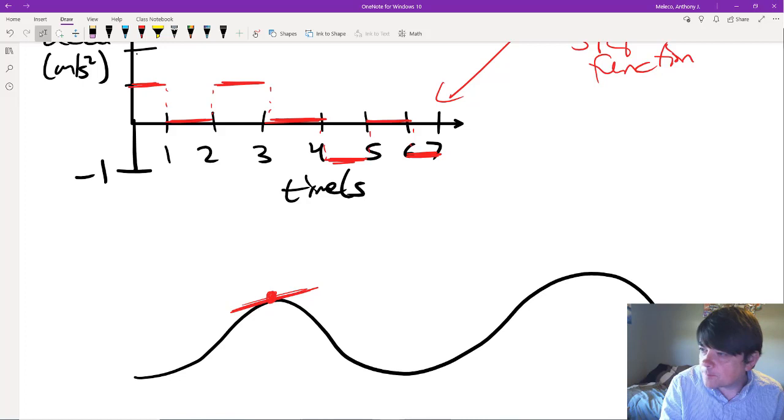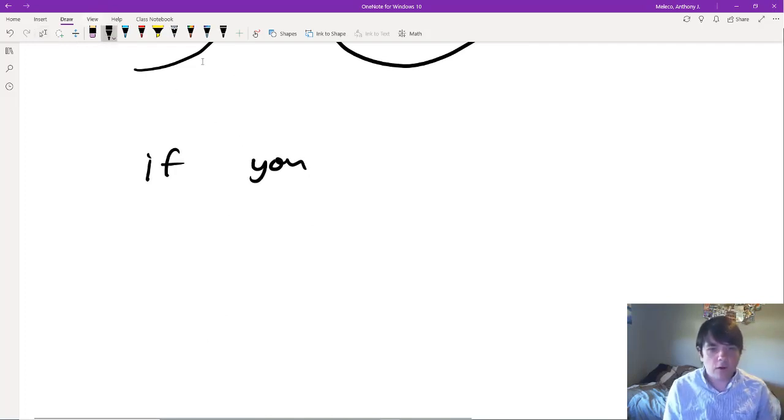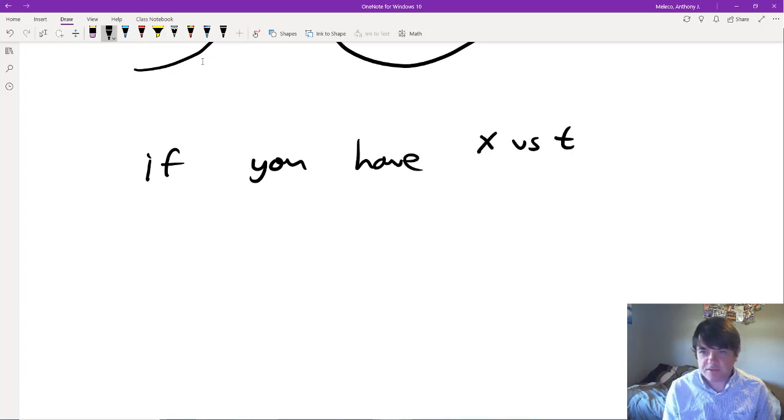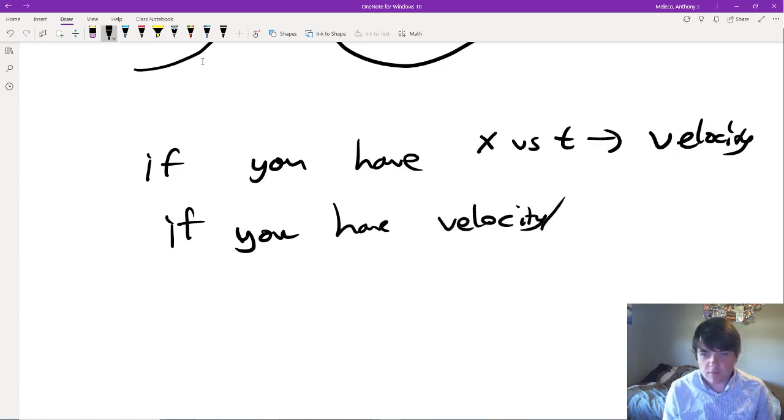There is one more that I want to talk about. If you have x versus t, you can get velocity, right? And if you have velocity versus time, you can get acceleration. That's true. So you're going forward.